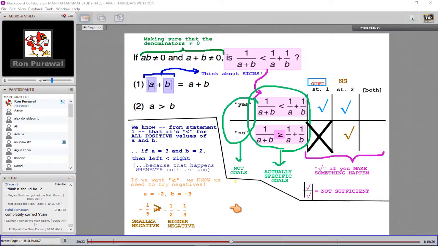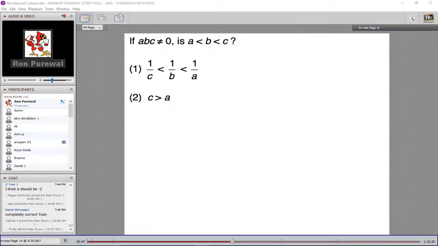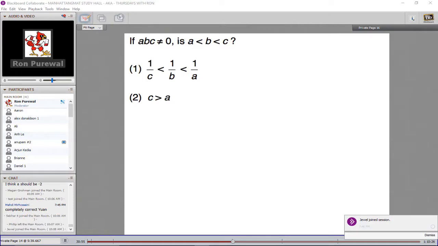Let's do another problem. How about this one? Remember where you find the answers to multiple choice questions. Ladies and gentlemen, those are here.